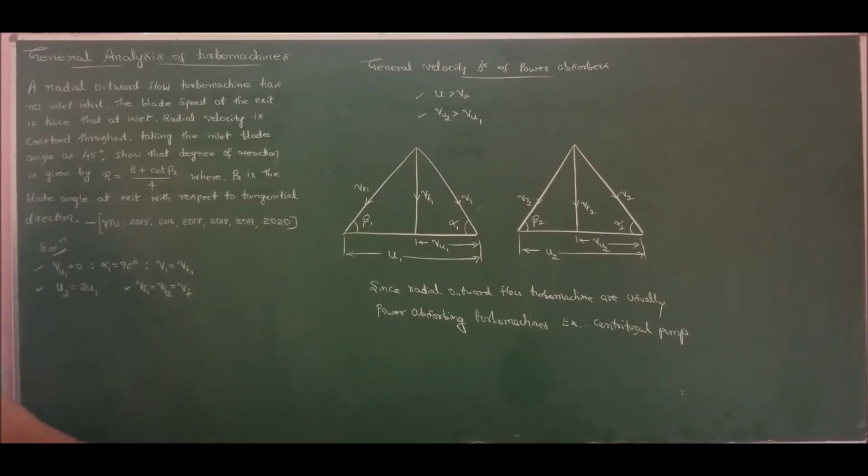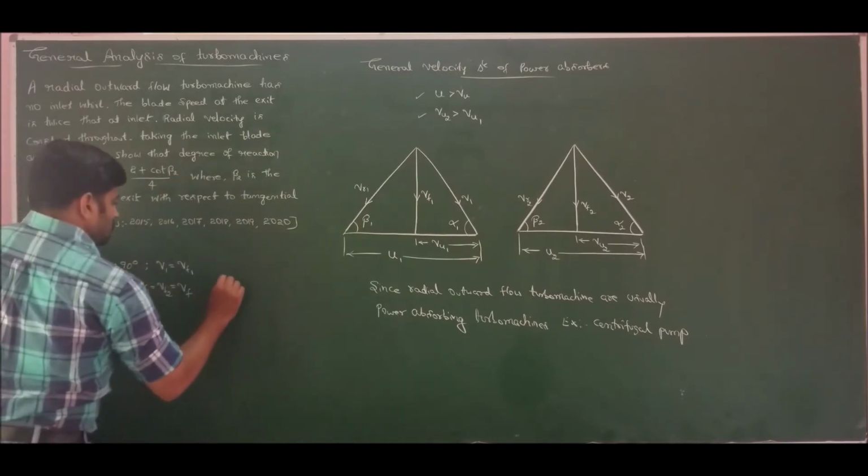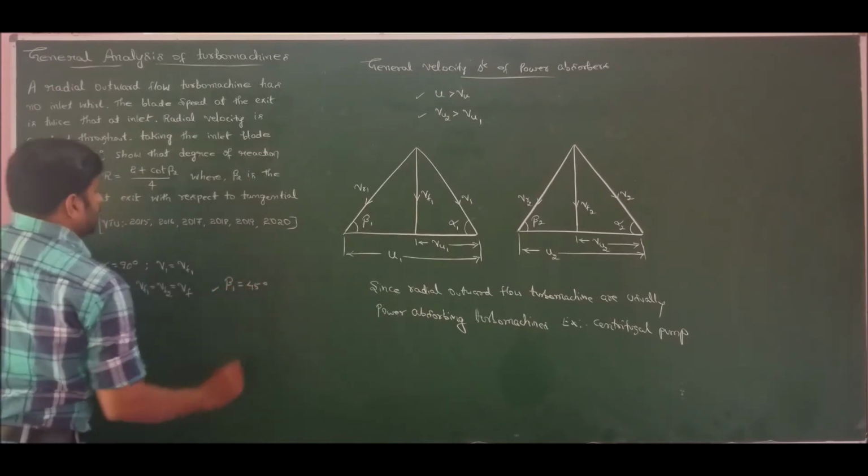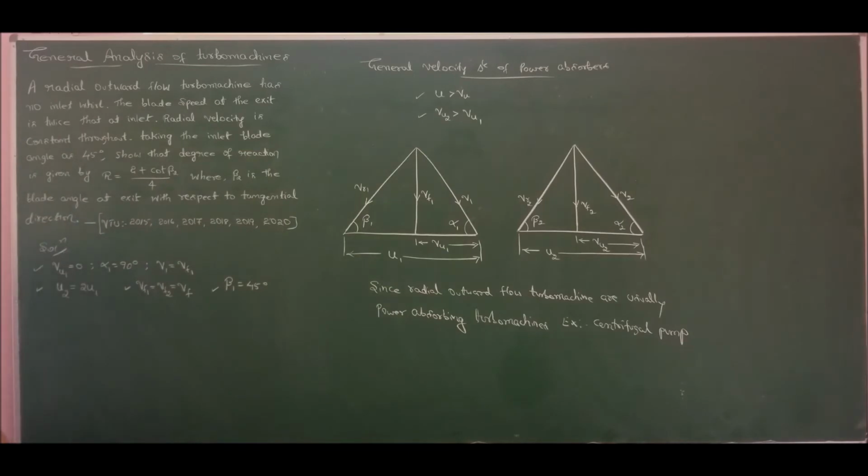Taking the inlet blade angle as 45 degrees, so inlet blade angle beta 1 should be taken as 45 degrees. Show that the degree of reaction is given by R is equal to (2 plus cot beta 2) by 4, where beta 2 is the blade angle at exit with respect to tangential direction. So this is the condition given now.